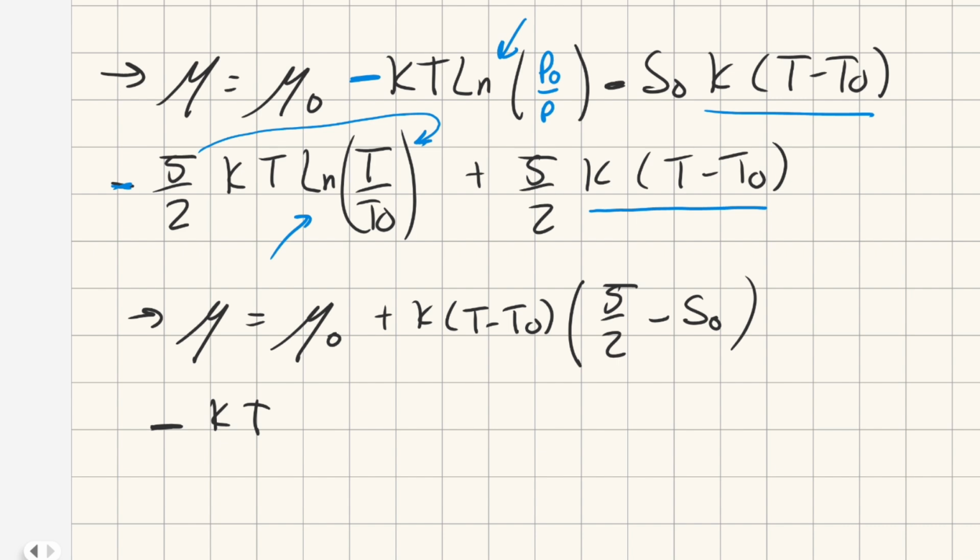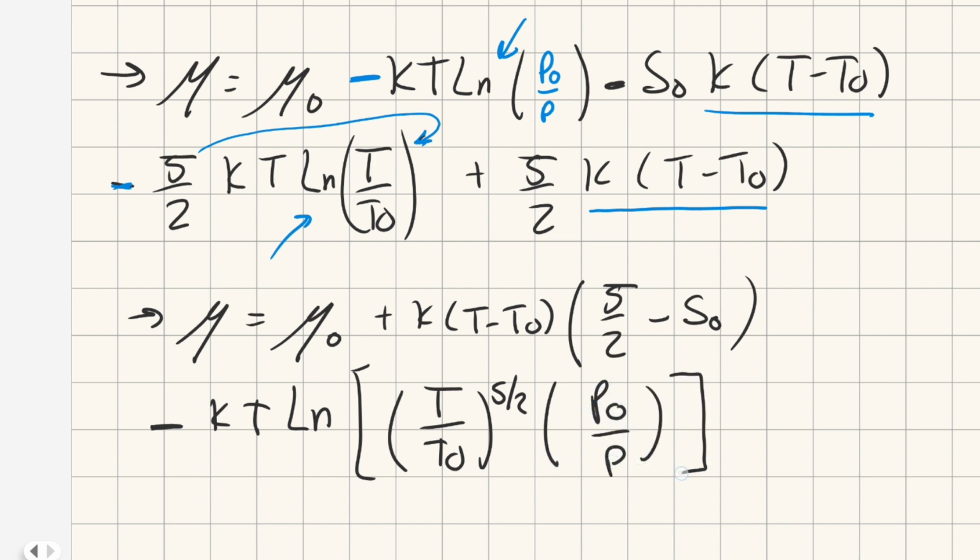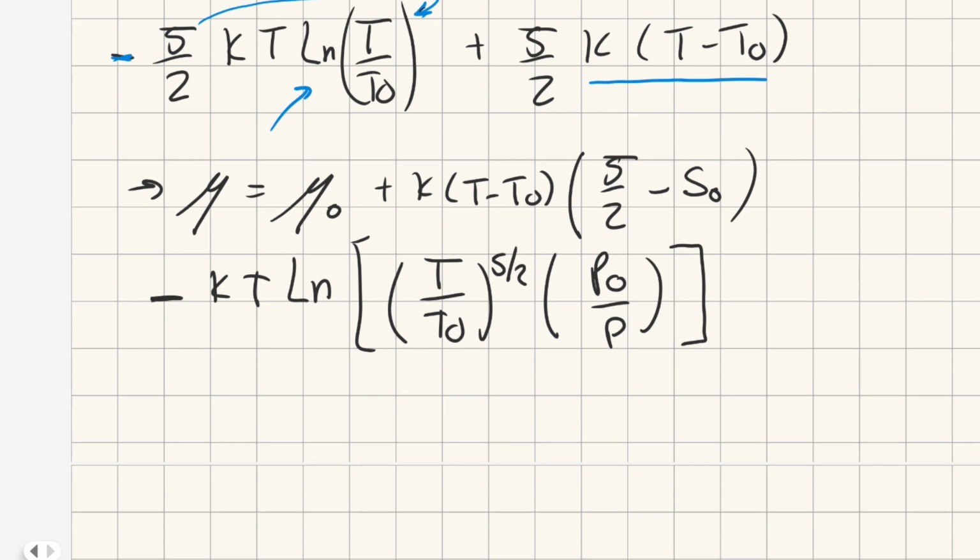So that means that these elements are multiplying inside of a natural log. So this will be the natural log of t over t0 to the 5/2. Remember that we raised these to the 5/2 because we took this factor into the exponent. And then this multiplies p0 over p like this. Okay.